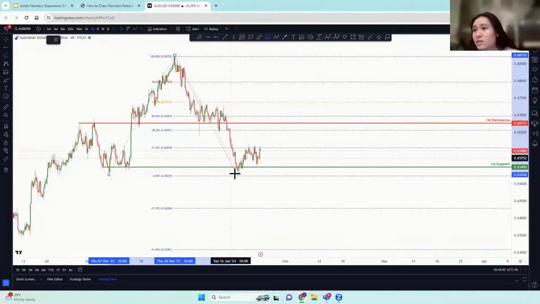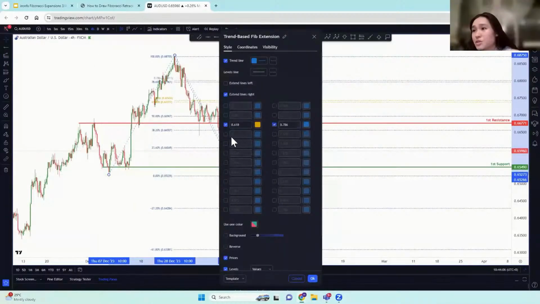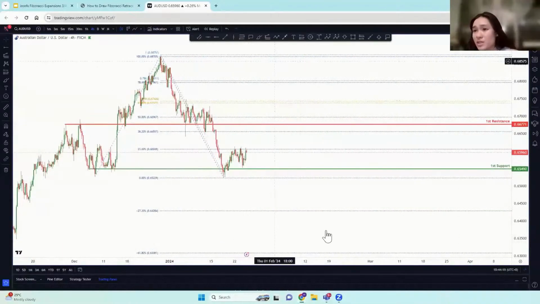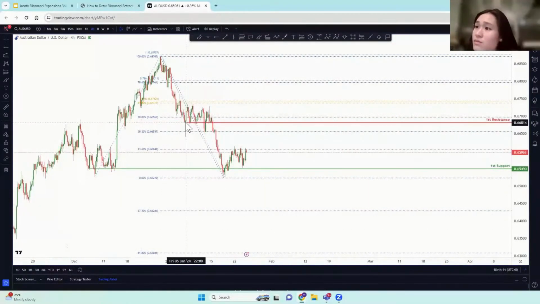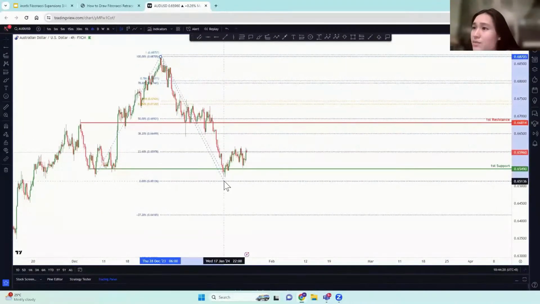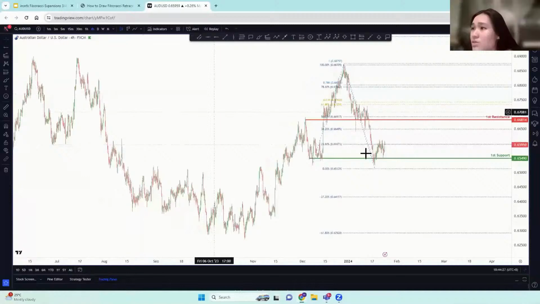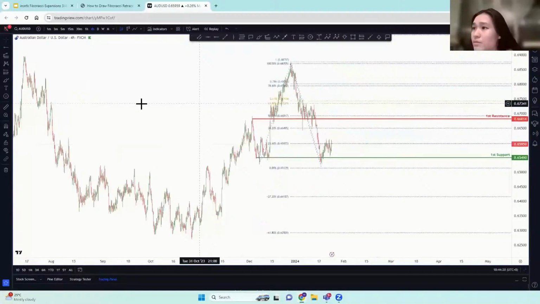So for projection, we use these 3 levels, and you can see they kind of line up nicely. I think my 50% kind of lines up with my first resistance. So I'll just keep that.